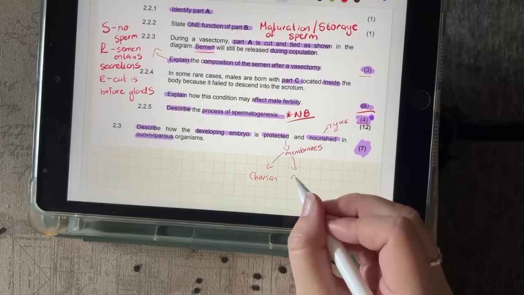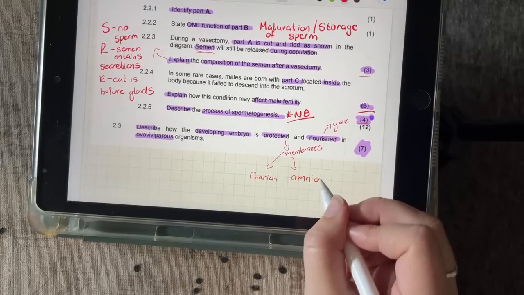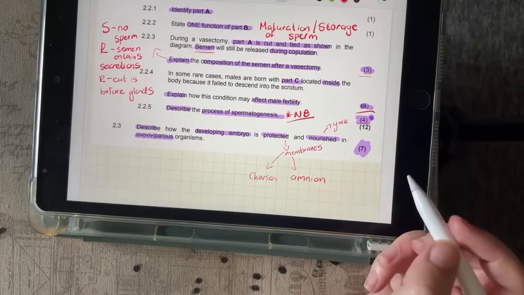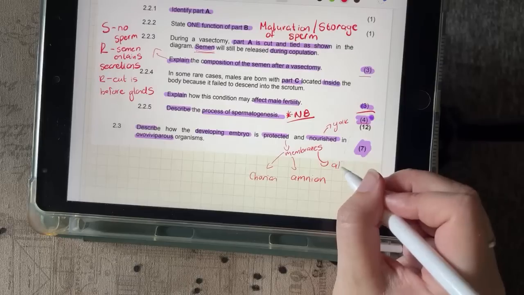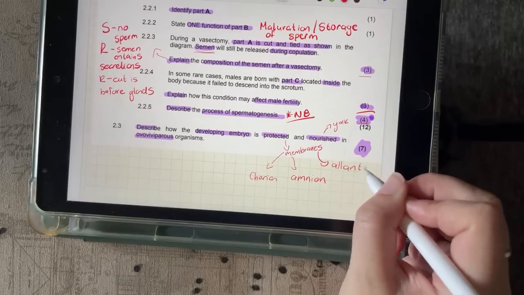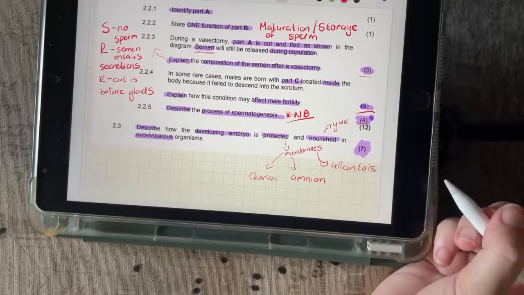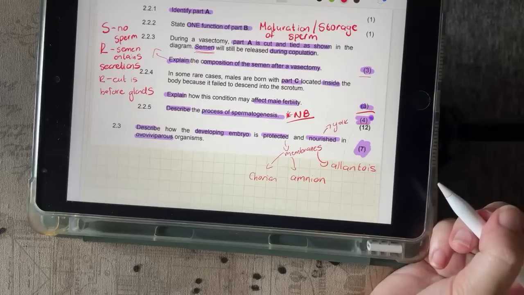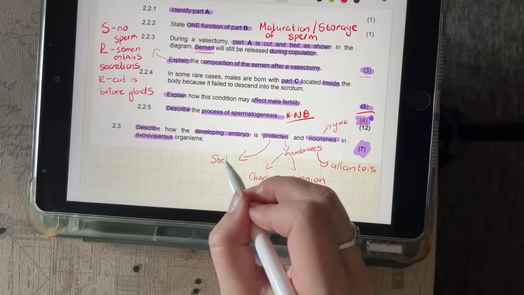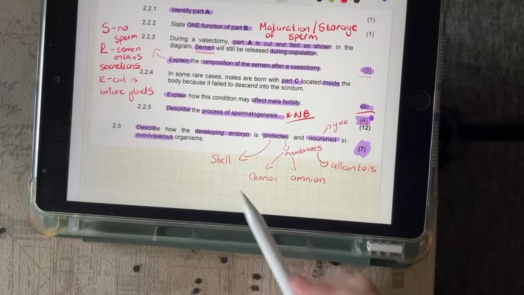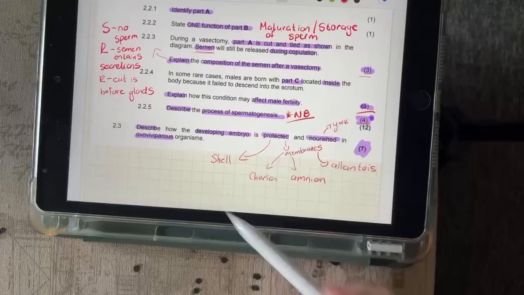The amnion. I'm hoping we're also thinking of the allantois. Sure, even maybe the shell, guys, that's a separate one like over here. And these are all the things that we are going to have to talk about.